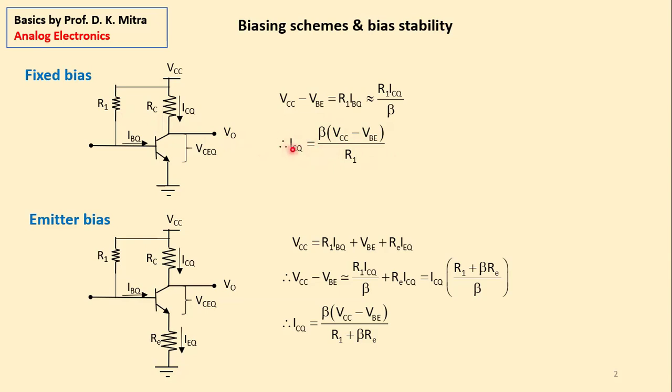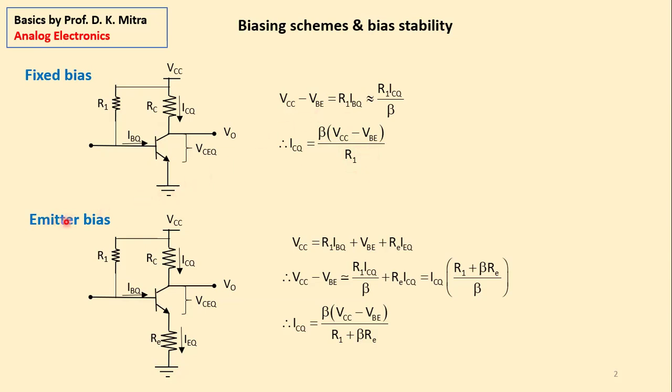But this equation gives you the value of ICQ, once you have decided VCC, you have decided the transistor, which decides the beta, and you decide on R1. VBE, the emitter junction voltage, for silicon transistors you can take 0.6 volt. For germanium transistors, you should take 0.2 volt.